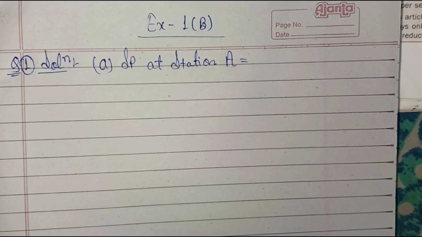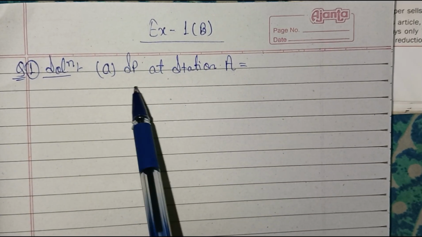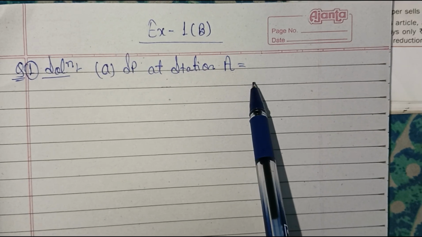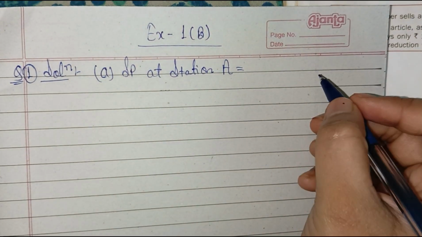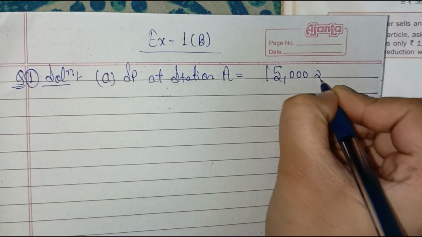So question number 1, A is equal to SP at station A equal to 15,000 rupees.